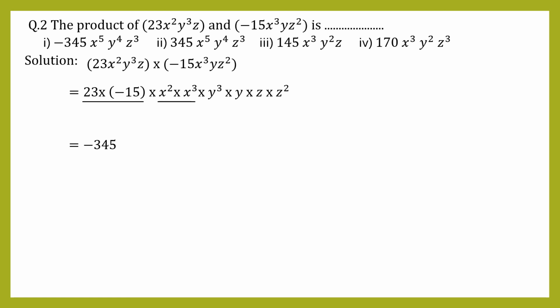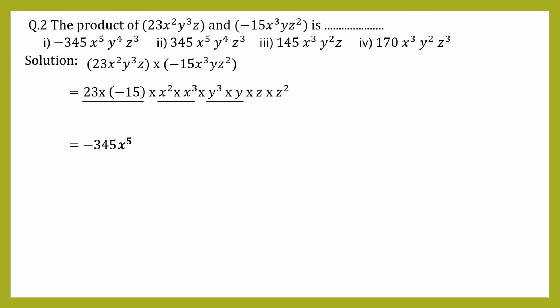Now here we can see we have common bases, that is x, and in between we have multiplication sign. So applying the law, a raised to m into a raised to n is equals to a raised to m plus n. So let's add the powers. 2 plus 3 is 5. It will be x raised to 5.